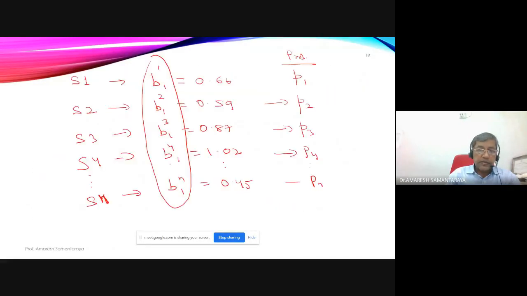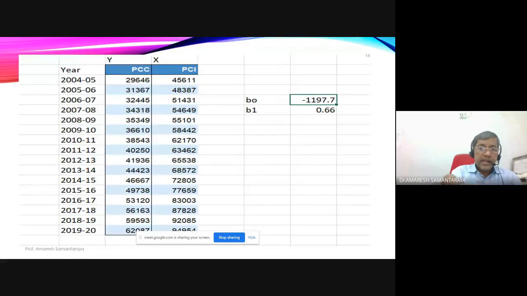So if I go back, say in this example, I have my PCI, I have my PCC. If I get these estimates, then my error term Ui will be, this was the dependent variable, right? So PCC, say in this example, is 29,000 something.